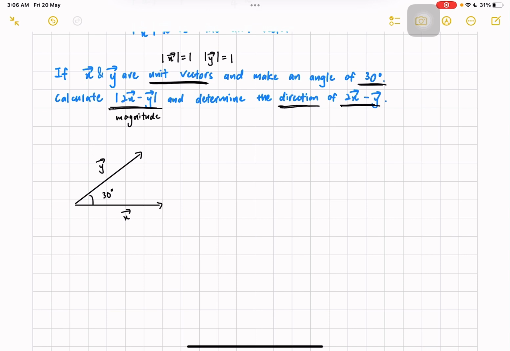Now calculate 2x. So what is 2x? 2x is just double the x value, so it will be roughly around like this. 2 vector x. Now minus y. If it's minus y, that means it's the opposite direction of y, so it would be something like this.